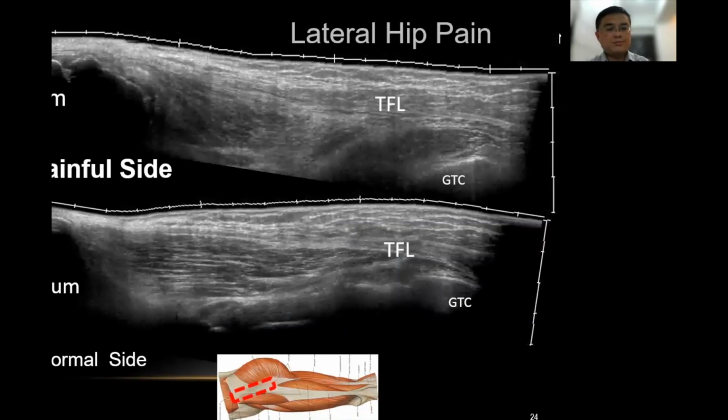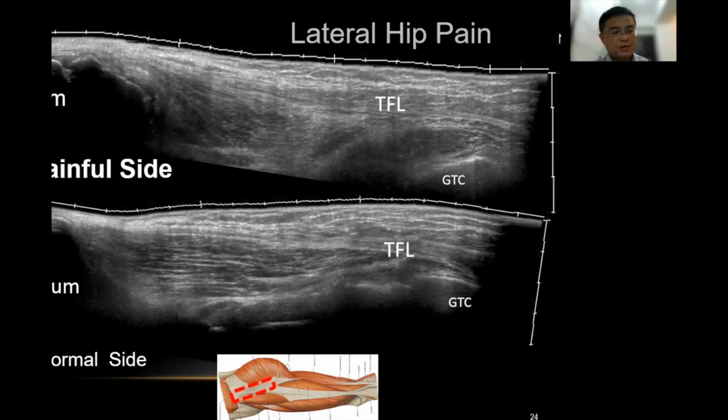So remember at the anterior lateral hip, the anterior superior iliac spine is the attachment for the tensor fascia lata and also for the sartorius. So in this case, we find there is a huge calcification at the attachment of the anterior superior iliac spine.